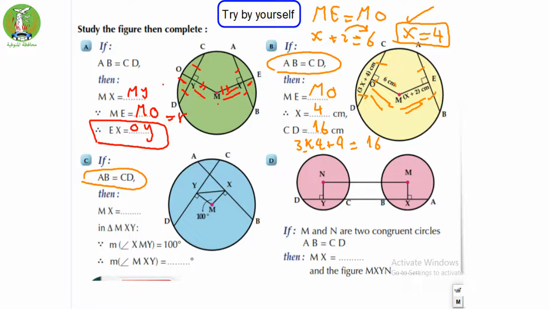MX and MY? Yes, because MX is perpendicular to AB, then X is a midpoint. And MY is perpendicular to CD, then Y is a midpoint. Then MX equals MY.